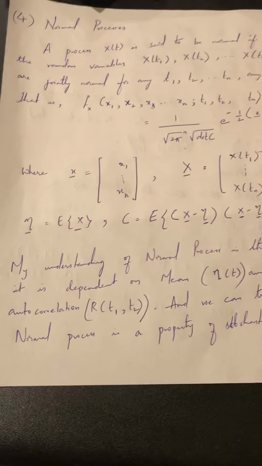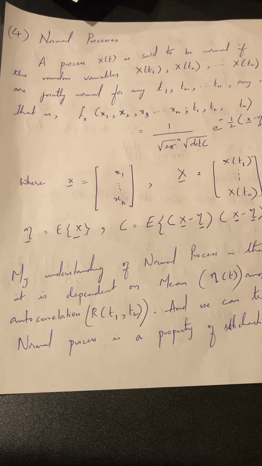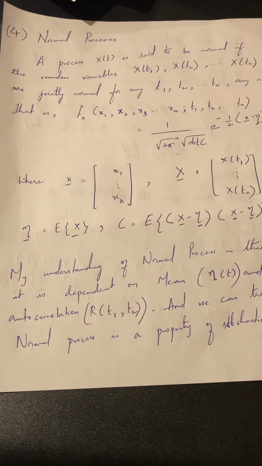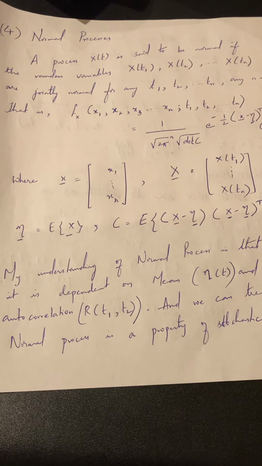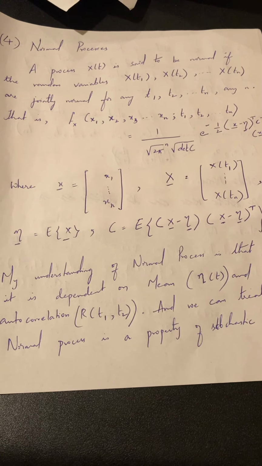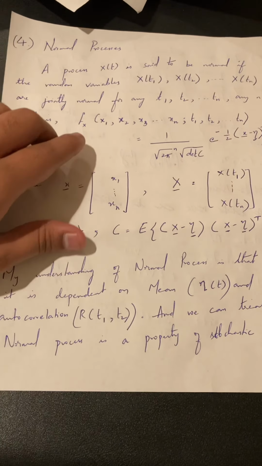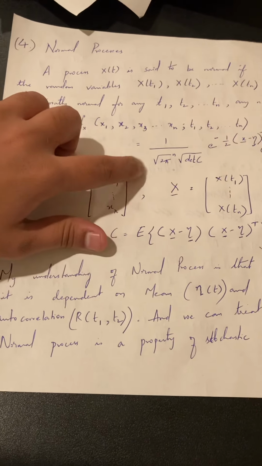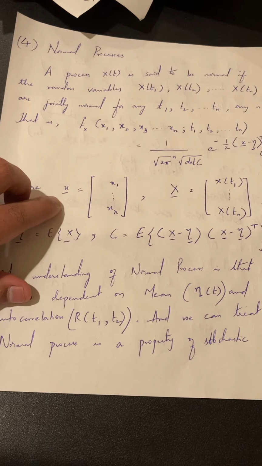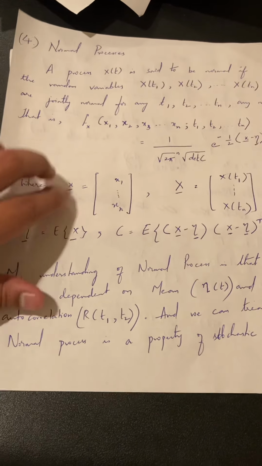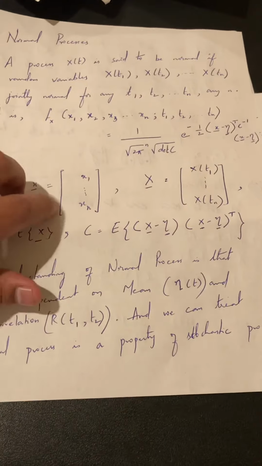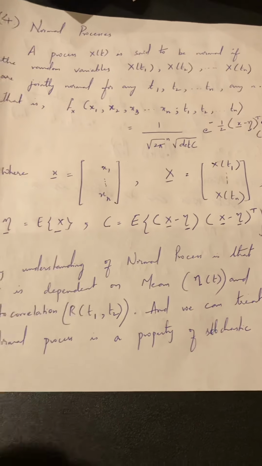So let us look at 4, which is normal process. A process X(t) is said to be normal if the density function is given by this big equation, where the values are defined by these respectively.